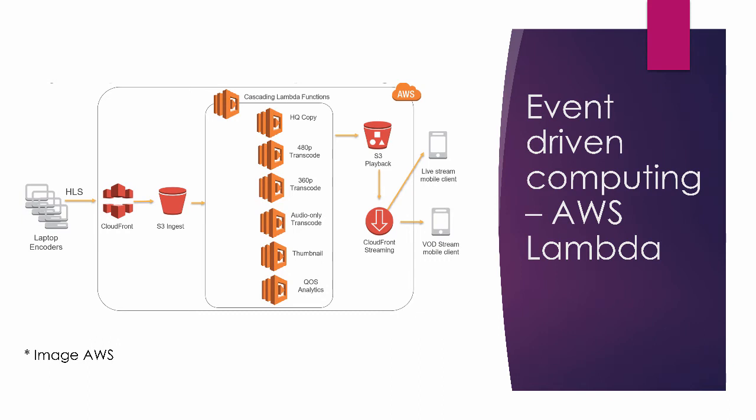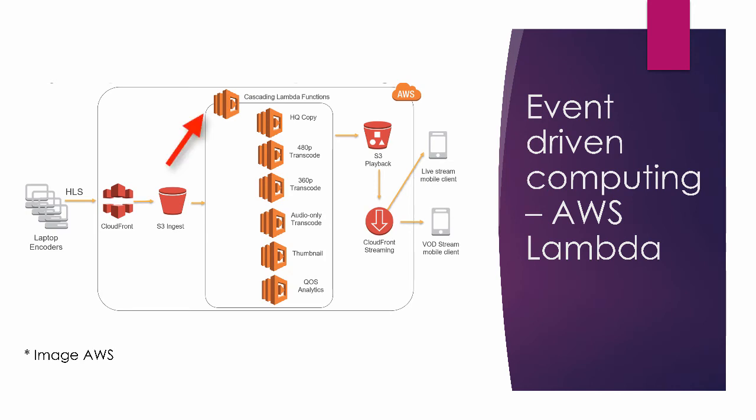What about the middle? What about that front end? Well, starting from the left, moving over to the right, I would encode this video, upload it using AWS CloudFront to an S3 bucket. Once I uploaded it to an S3 bucket, S3 creates an event. This is where we get this concept of event-driven compute.